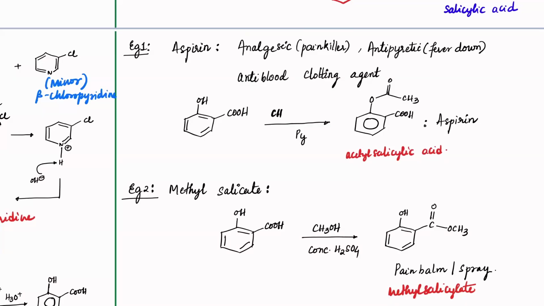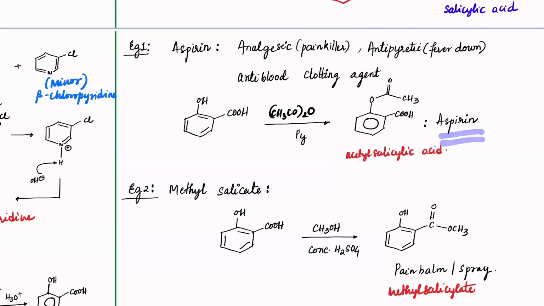Anhydride, which is CH3CO twice O. So if you take acetic anhydride, the lone pair from this oxygen will attack, making an esterification. So due to esterification, you will get an acetyl group here. So this is acetyl salicylic acid, or simply you call it 2-acetyloxy benzoic acid.